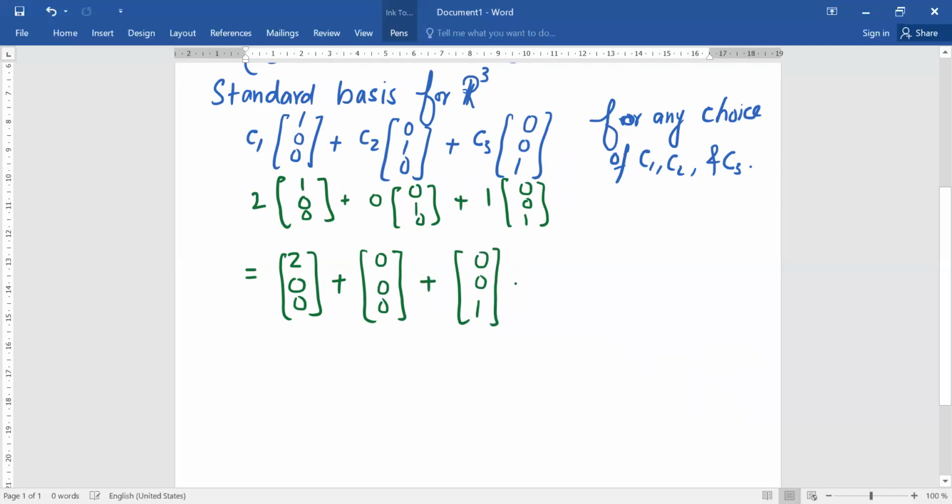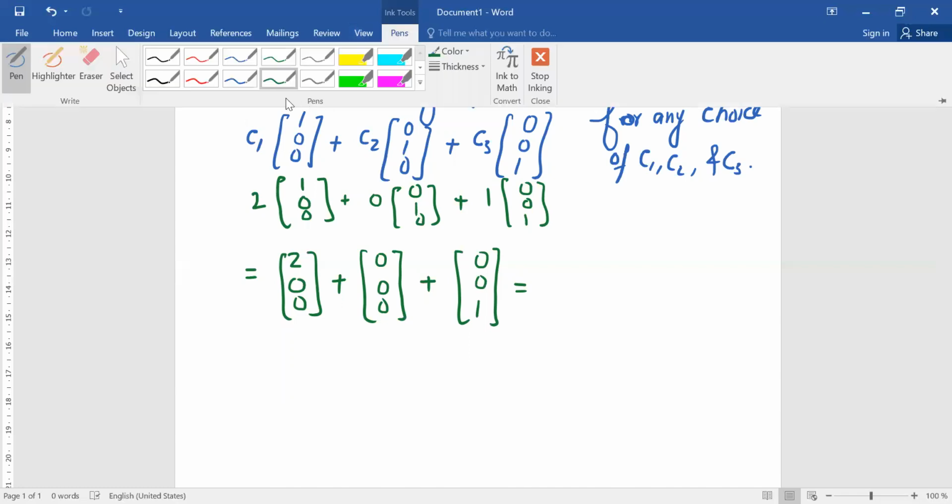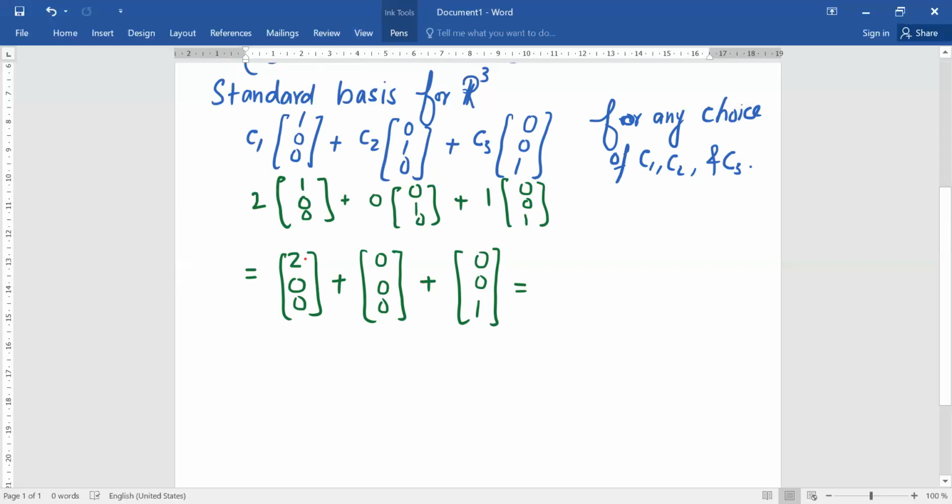And now I will add component wise. So 2 will add to 0, then to this 0. Let me put an arrow. The 2 that I'm talking about, this component will only be added to this component, and then they will add to this component. So component by component, I will add them.